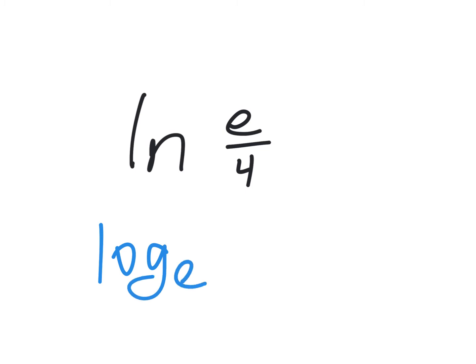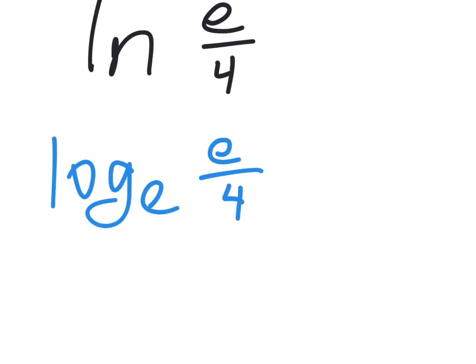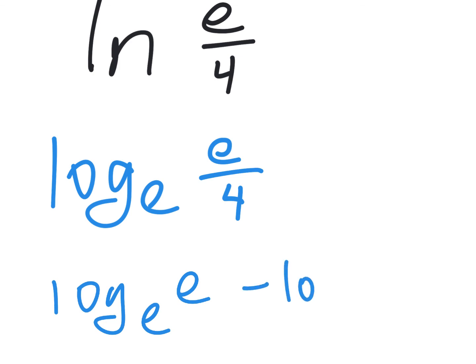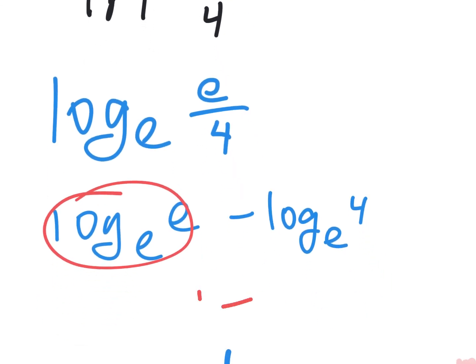ln of e over 4. I think I've taught you well enough to know that you would have immediately said, that's log base e, and then you know enough to go log base e of e minus log base e of 4, and then that's really 1. 1 minus log base e of 4.